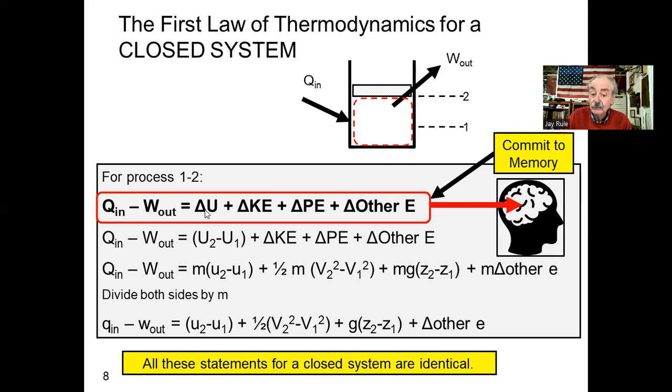It's made of delta U, change in internal energy, plus delta KE, change in kinetic energy, plus delta PE, change in potential energy, and in fact, change in other energies such as surface tension energy, magnetic energy, which we deal with very, very little, if at all, in this class. Okay, that's what I suggest you commit to your memory.